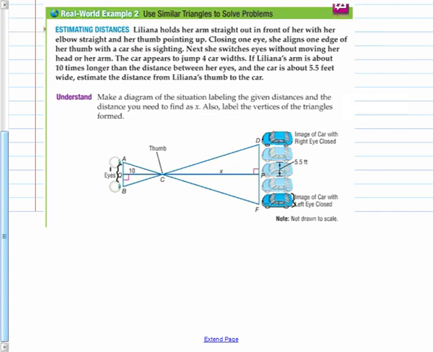Estimate the distance from Liliana's thumb to the car. So the question becomes, how far away are you from that object that you just saw move? So if this is 5.5 and it went 4 of them, then you help me out.